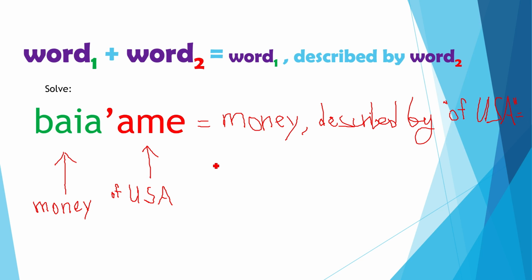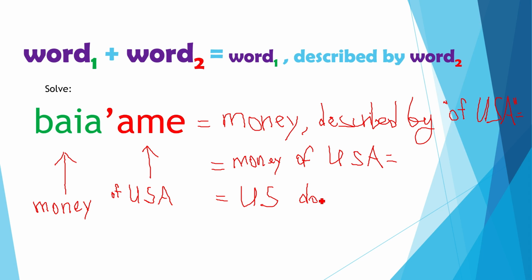So what's that? Money described by of USA. Well, that's obviously the money of the United States of America, right? So we can just contract it to money of USA, or USA money. And that is US dollar. So that's why baya ame means United States dollar.